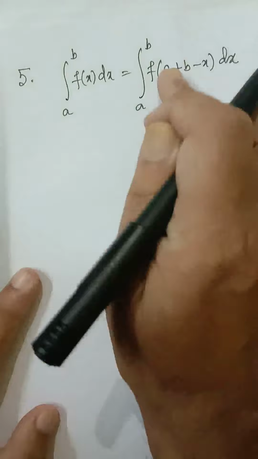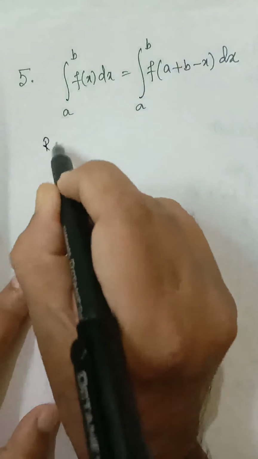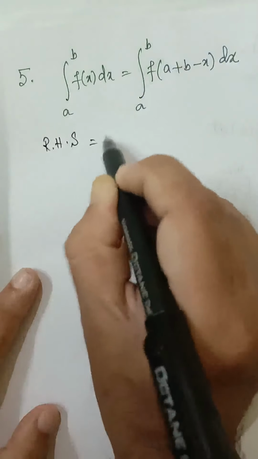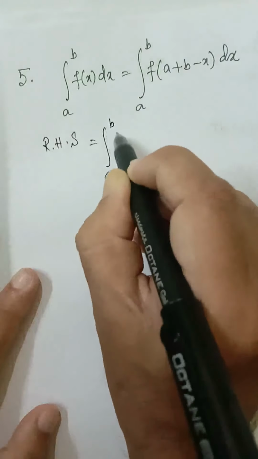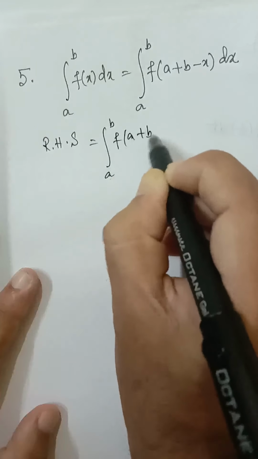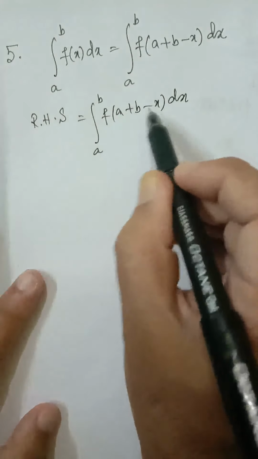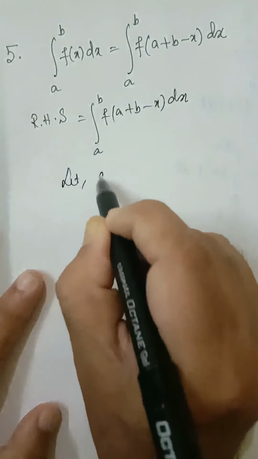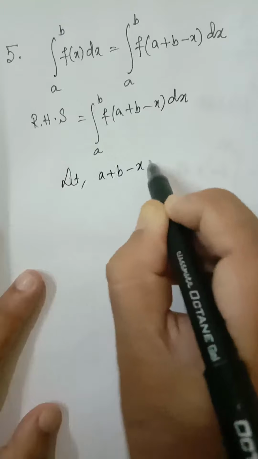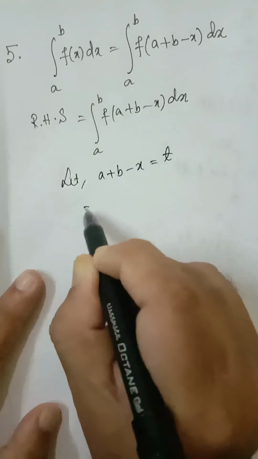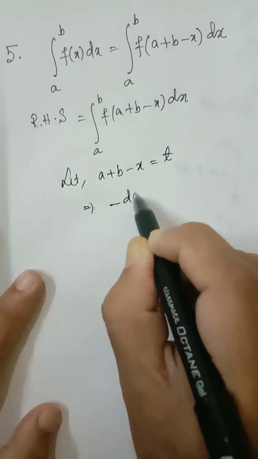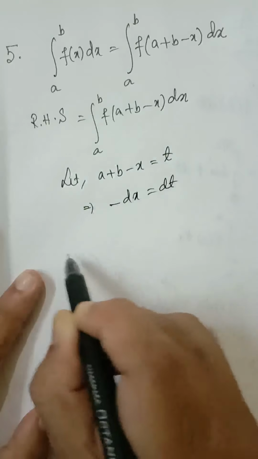Let us start with the right hand side. It is integration of a to b f(a plus b minus x) dx. In the first step, we will put this equal to t. Let a plus b minus x equal to t. So differentiating, we will get minus dx is equal to dt.